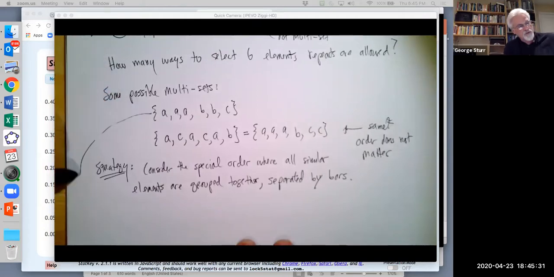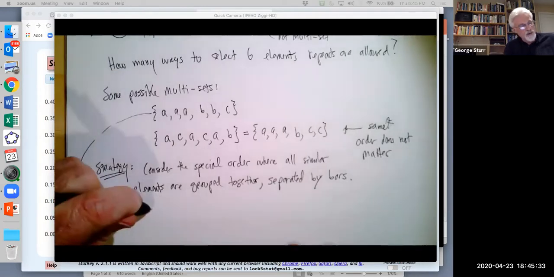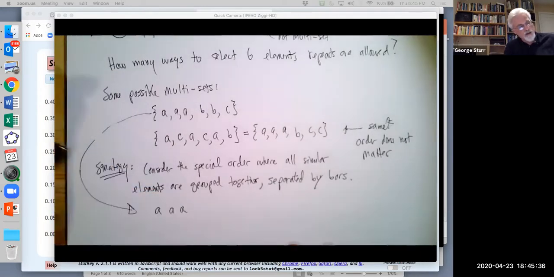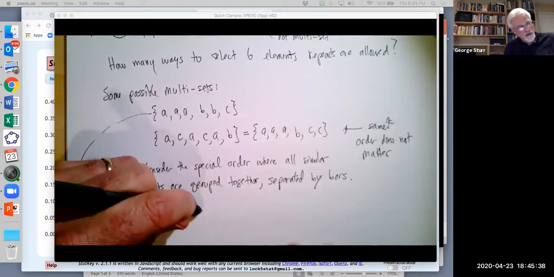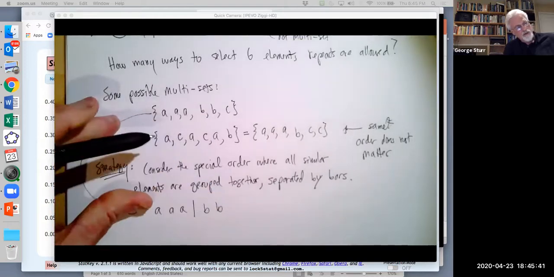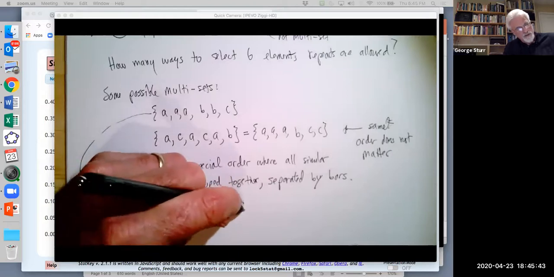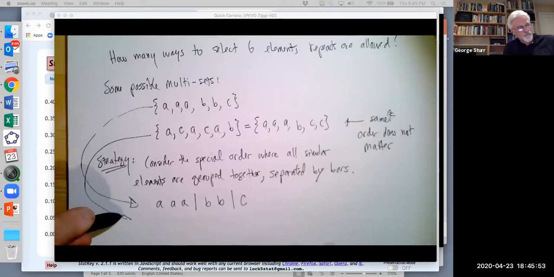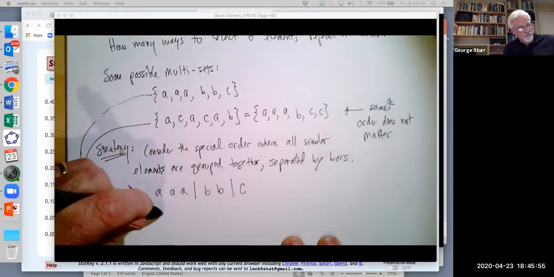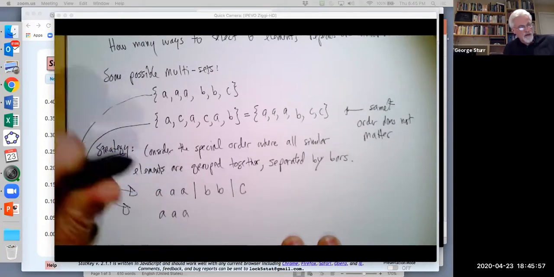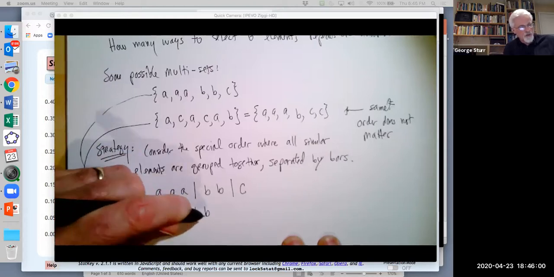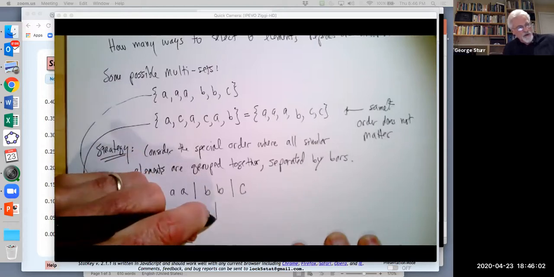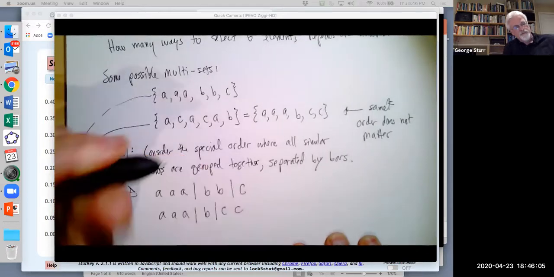So this one up here, for example, would be AAA bar BB bar C. This one, AAA bar B bar CC.